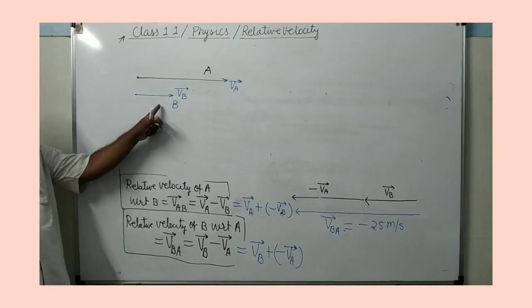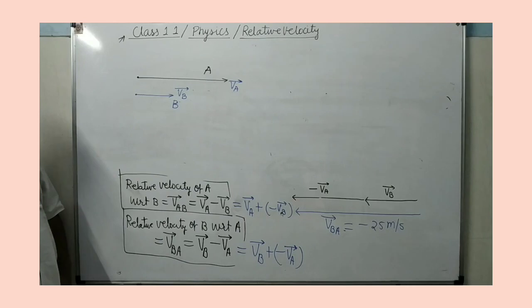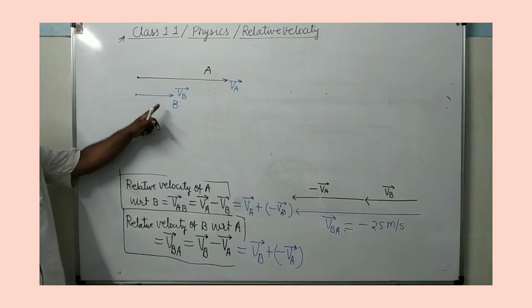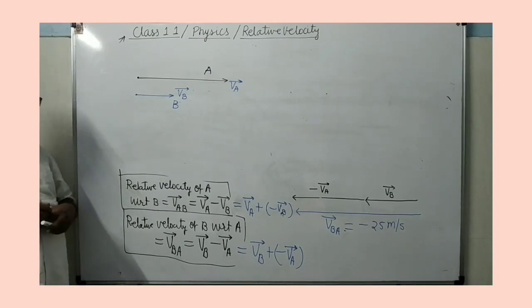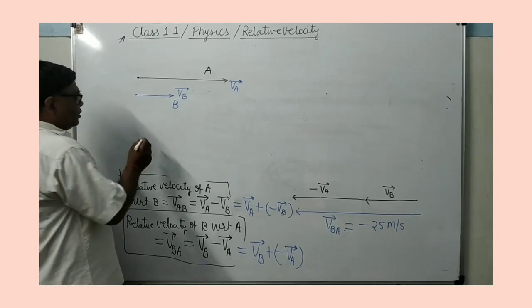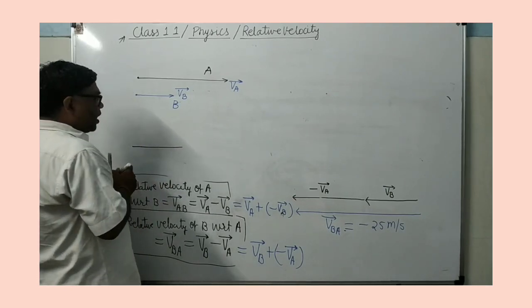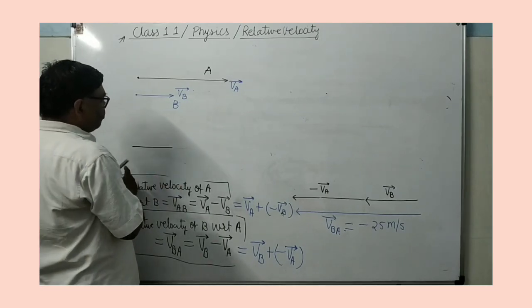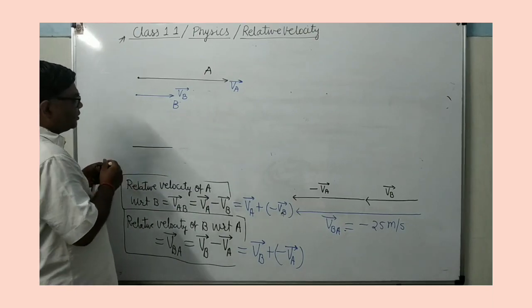So first you have to make it at rest. First you have to bring it at rest. How will you bring it at rest? How will you make the velocity of B 0? Velocity of B can be made 0 by imposing the same velocity vector in the opposite direction.